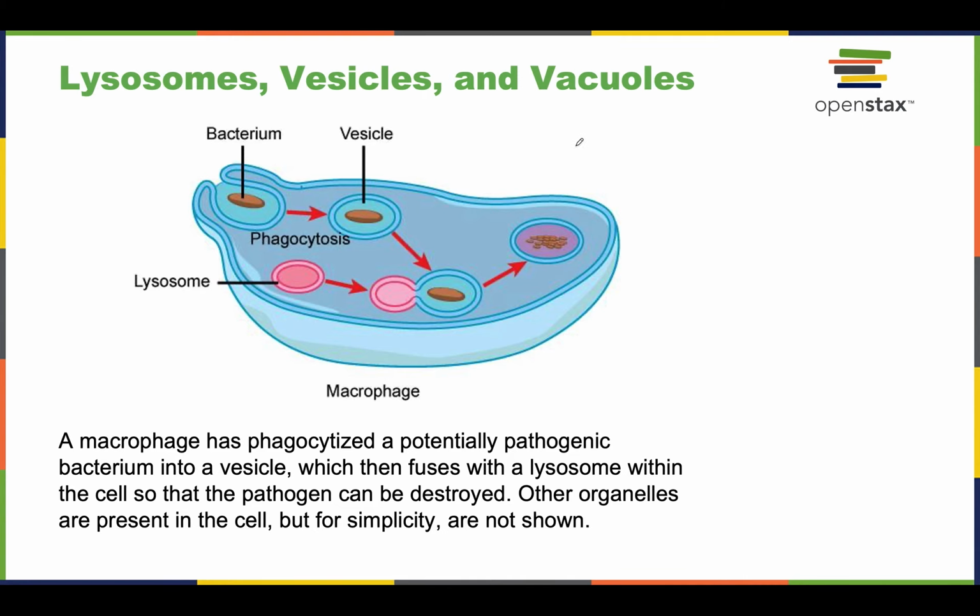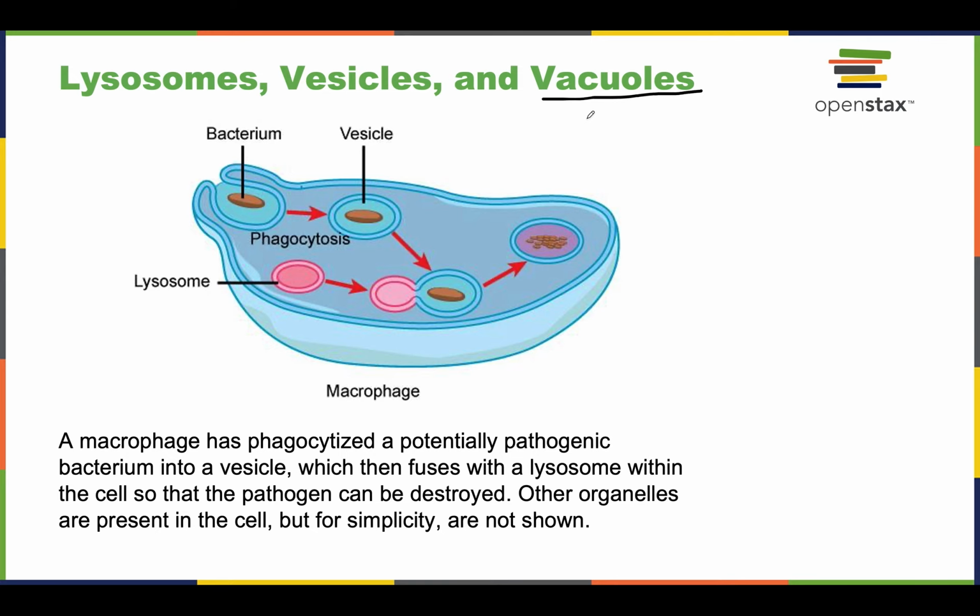The next organelles that we're going to talk about are lysosomes, vesicles, and vacuoles. In animal cells, vacuoles don't really play a large role, but in general, they play a role as the organelle that is the bag that is holding stuff.